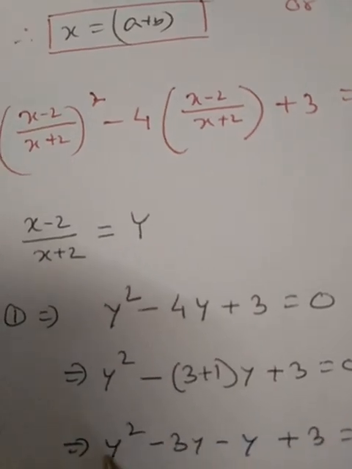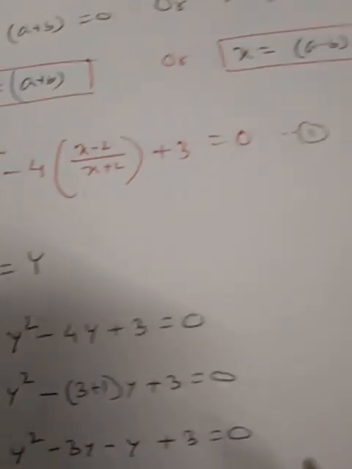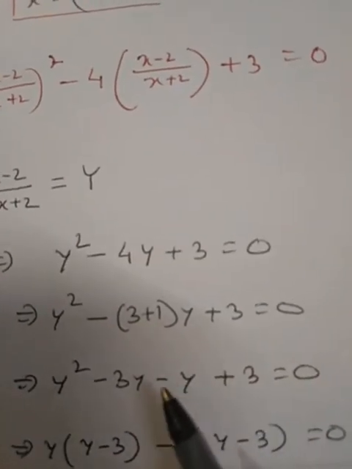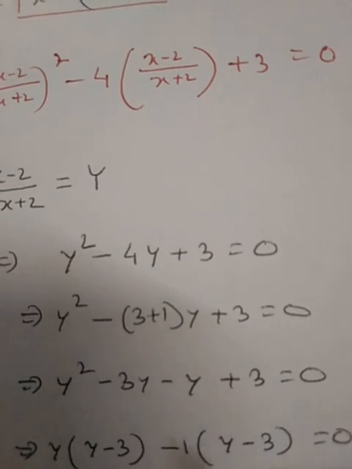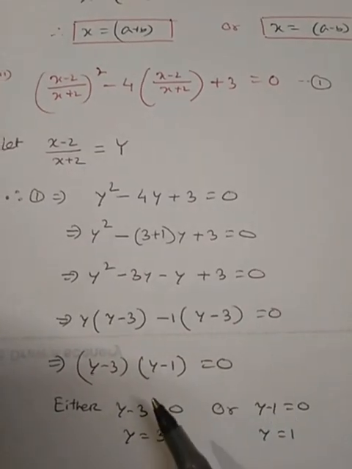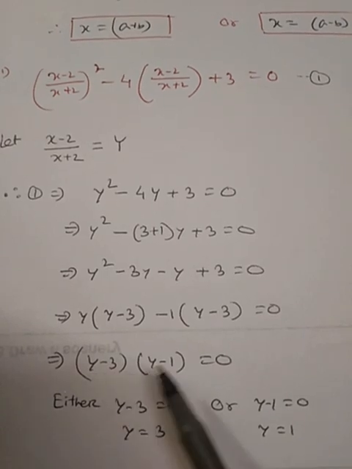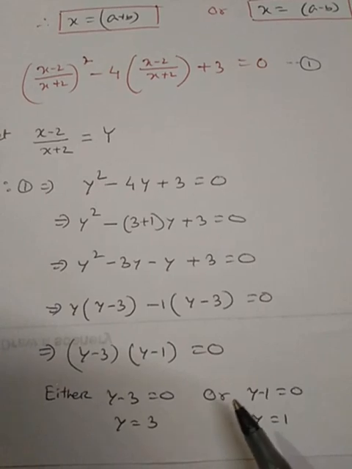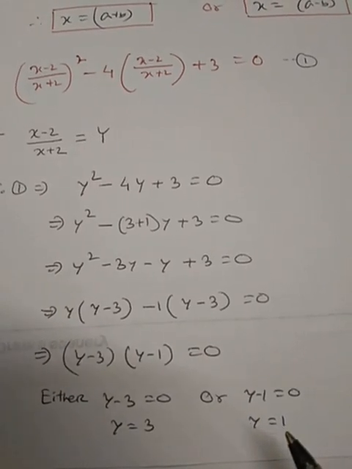From the first two we can take y outside here, and from the second part we can take minus 1 common. Then either the first part is 0 or the second part is 0. So we get y equals 3, and from here we will get y equals 1.